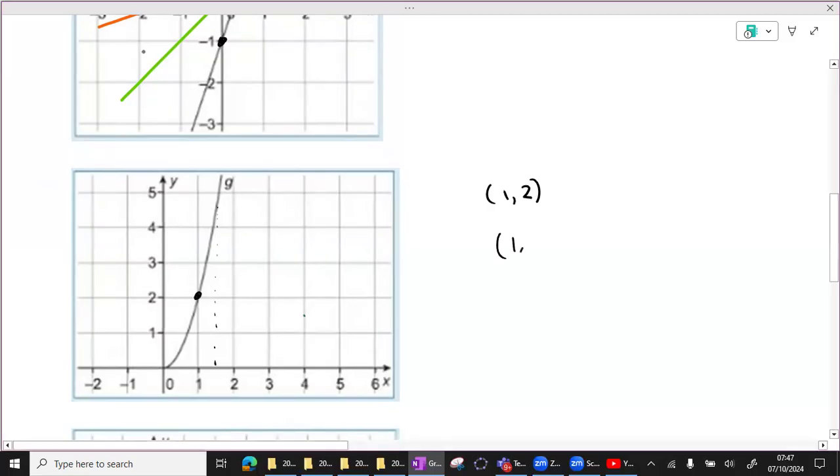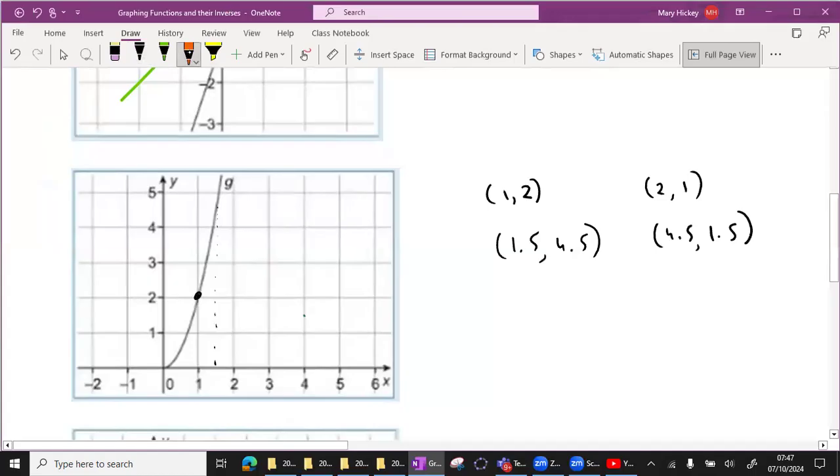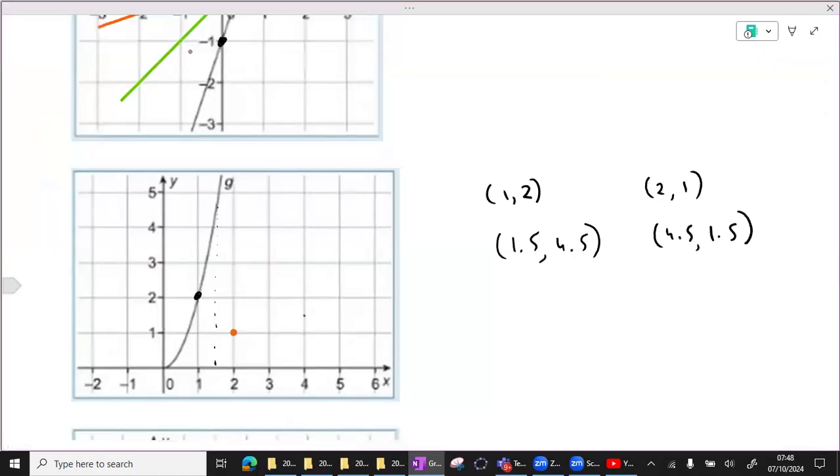No, that's okay as well. So 4.5, something like that. Now, remember, we have to just switch them. That's all we have to do to get the inverse. Just literally switch them around. So let's graph the new one, 2, 1, and 4.5, 1.5.